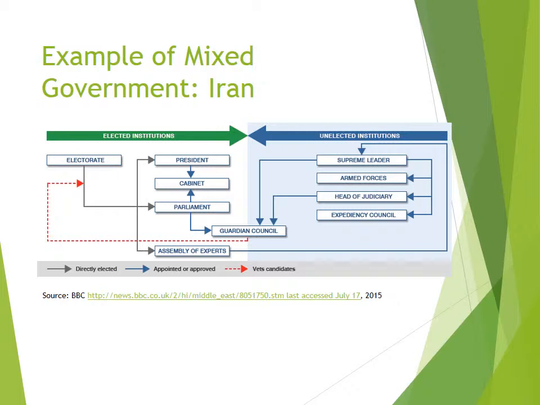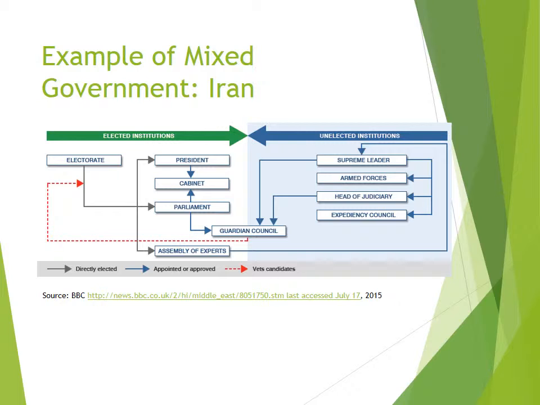Then you see what's called the Guardian Council. Parliament has a role in selecting some of the Guardian Council, but the supreme leader and the head of the judiciary appoint, I believe, a majority of them. As a result, the Guardian Council has an enormous amount of informal power to issue edicts.